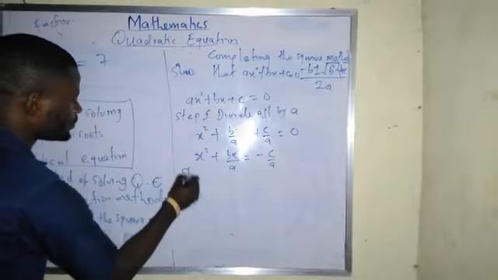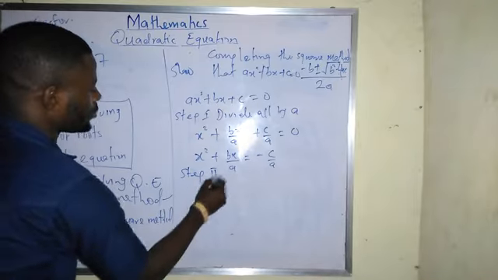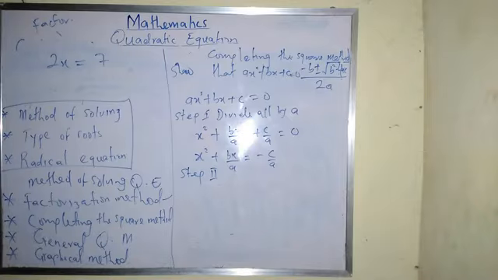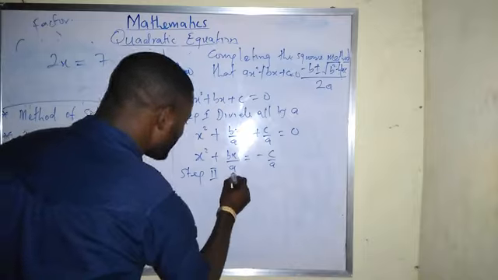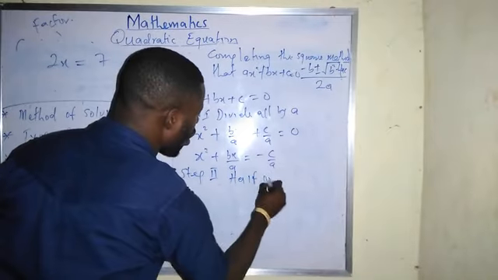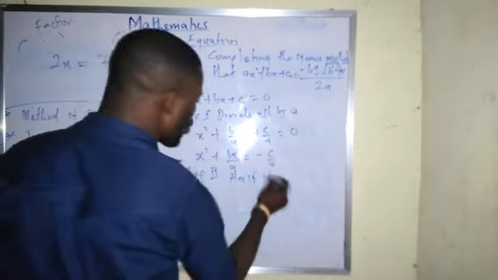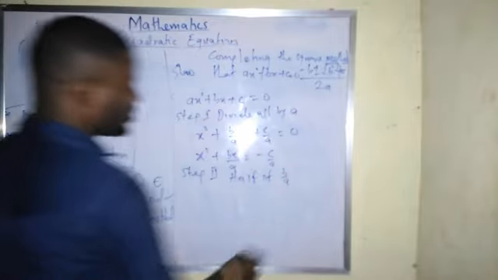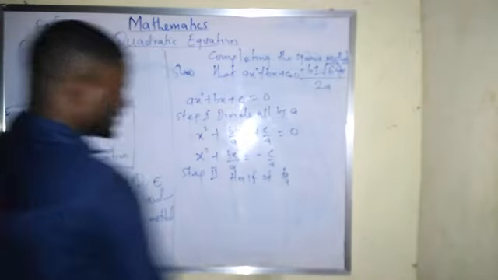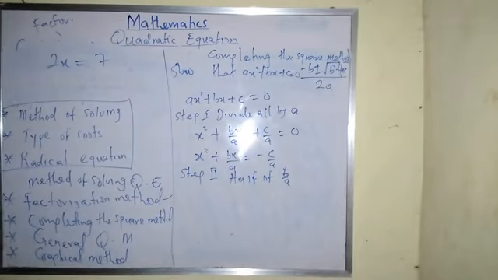Step 2. Now, step 2, this one is a bit technical. Half of the coefficient, or half of b all over a, or you can use the word coefficient of x. Do you get me? Half of the coefficient, right?